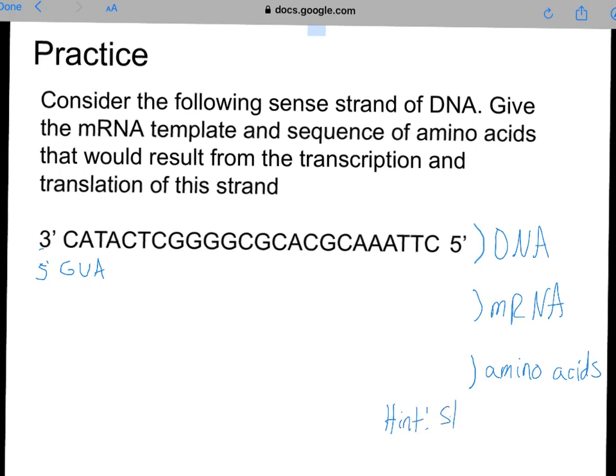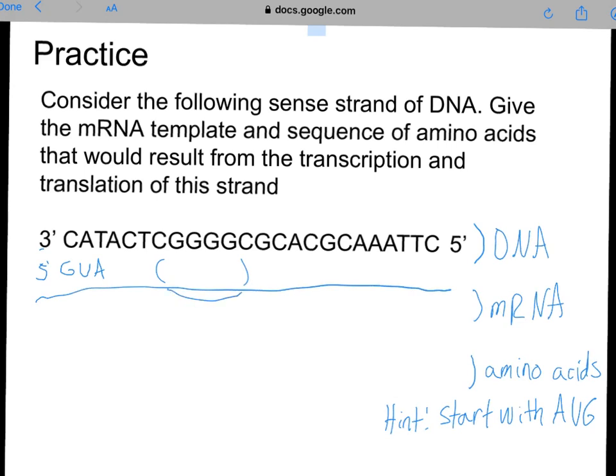When you're translating into amino acids, you have to start with AUG. So you're going to scan your mRNA and try to find the first place that you have AUG. That's going to be your first set of 3. And then the next 3, and the next 3, and the next 3. So go ahead and pause the video again and give this a try in your notes.